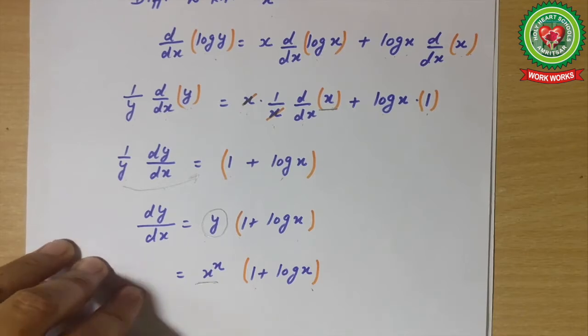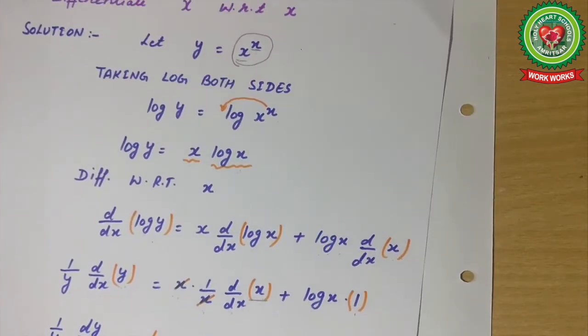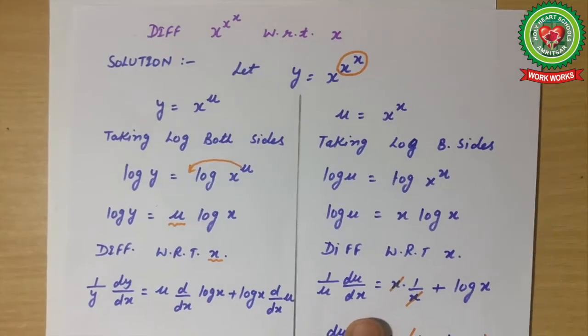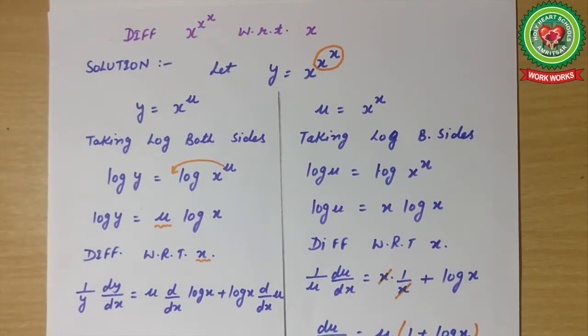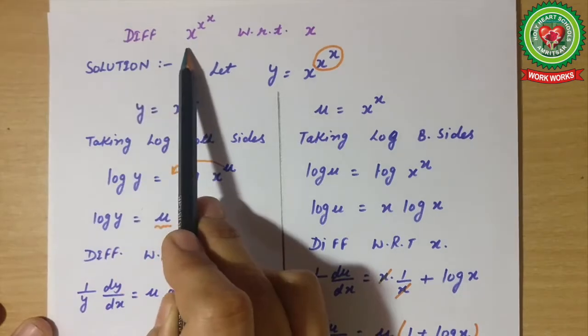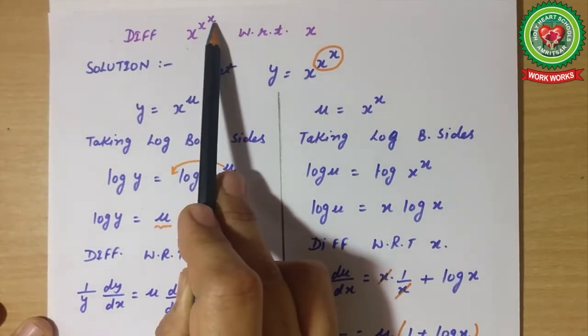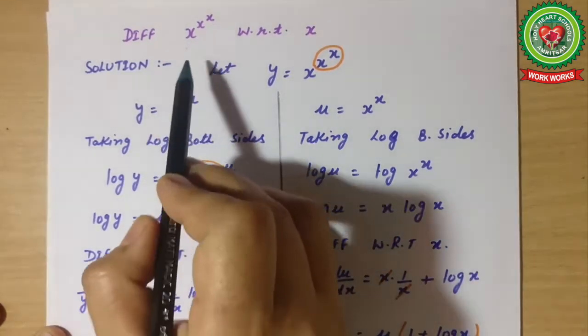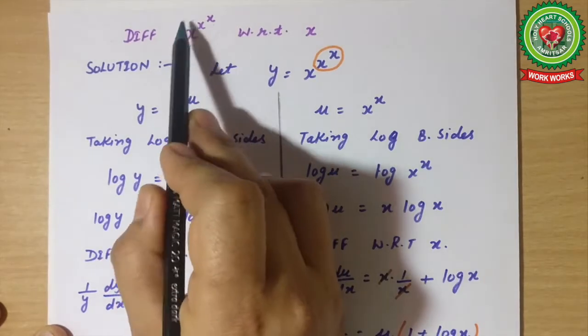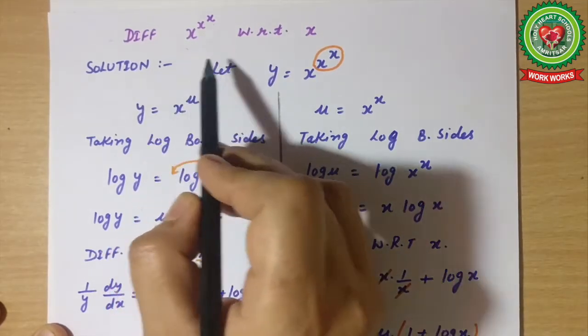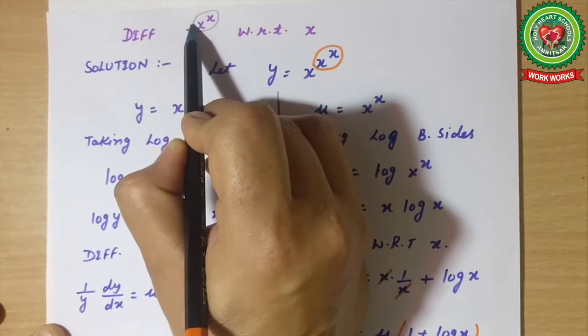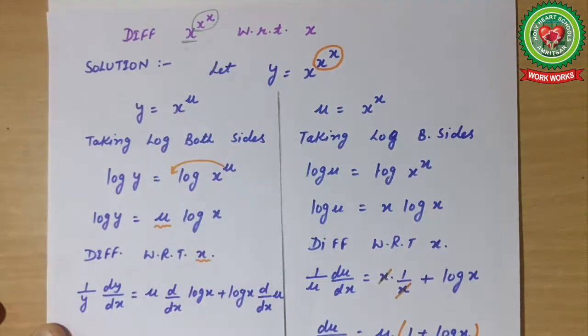Now I am taking one more example in which the power is again a function. For example, differentiate x raised to power x raised to power x. First we divide this full expression into two functions: this power is one function and this base is one function.